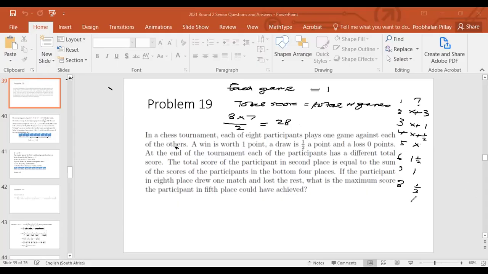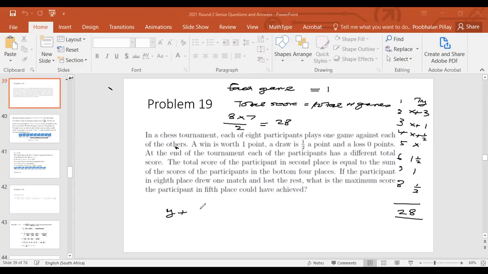All right, so therefore the total score will be 28 when you add up all the scores. So let's add up all the scores. You got an unknown here. Let's call this y. So y plus, let's add up all the x's. You got 1, 2, 3, 4.